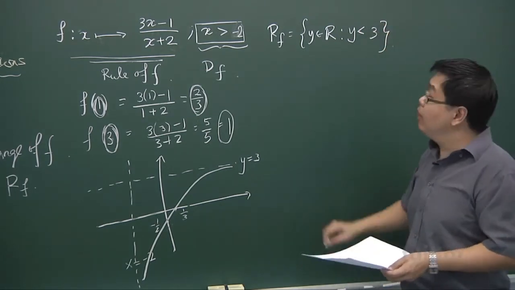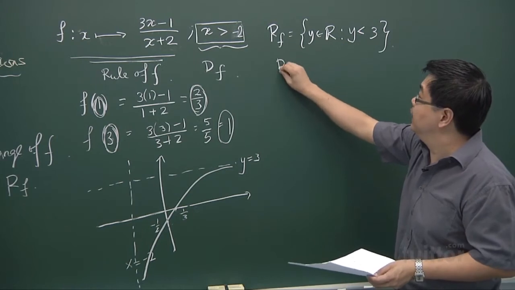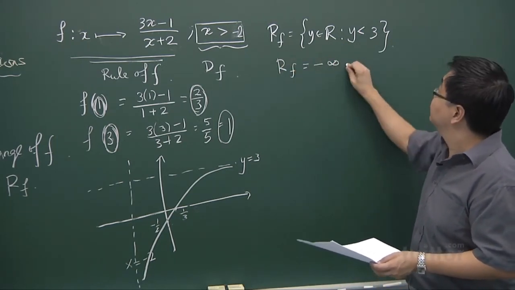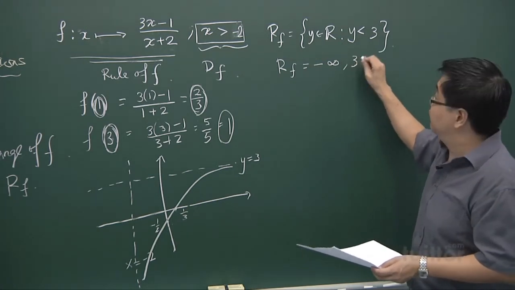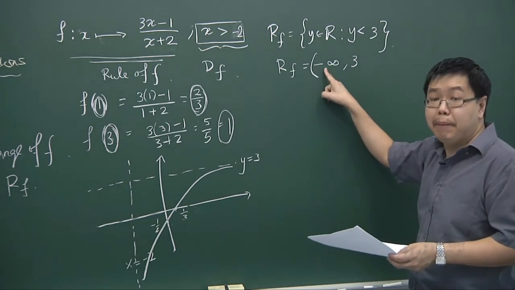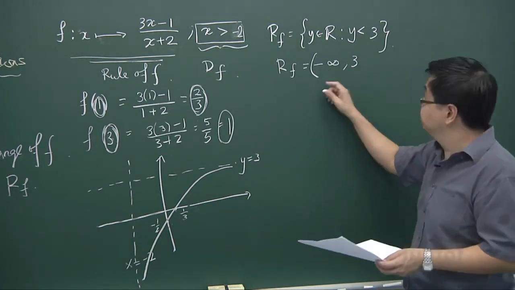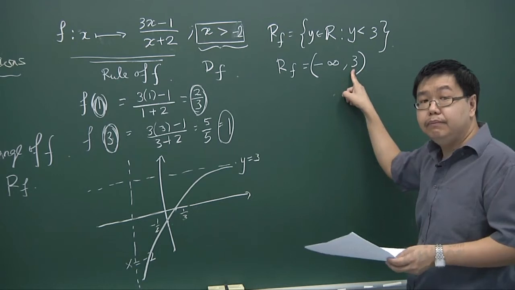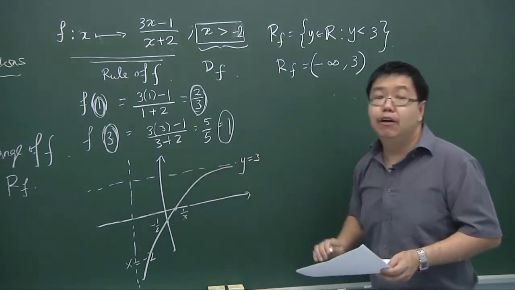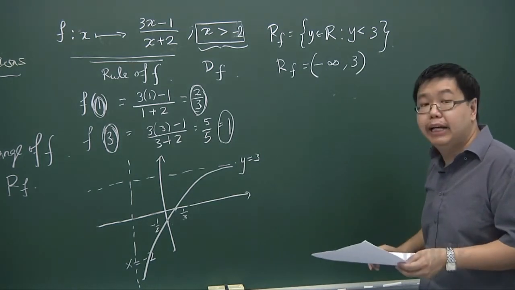Another way of writing the range of a function is from -infinity to 3. But you exclude the -infinity because -infinity is not a real number, and you exclude 3 because 3 represents the horizontal asymptote. We are excluding that as well.